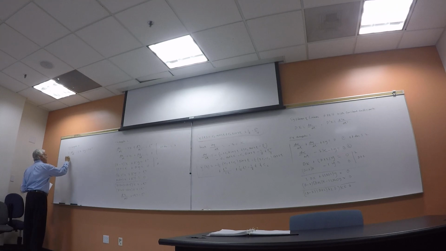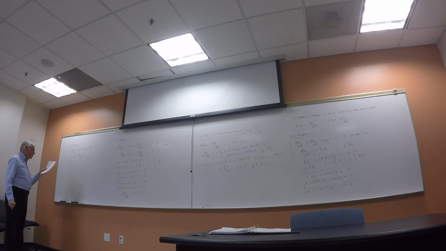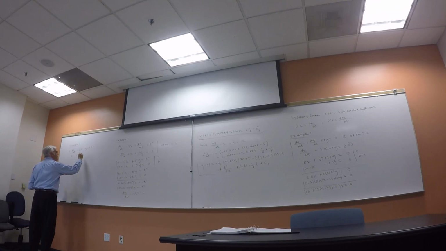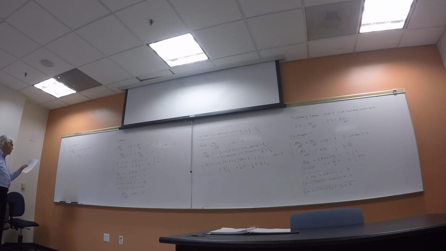Next equation: x plus 2 dy dt minus 3y equals 0. So we read that again. We got 2x dot minus 3x plus y equals 4e to the t. Next guy is x plus 2 dy dt minus 3y equals 0.